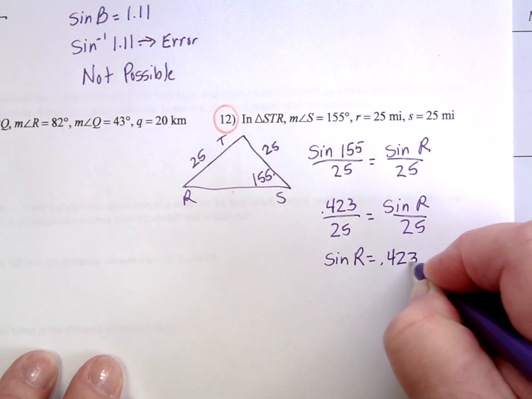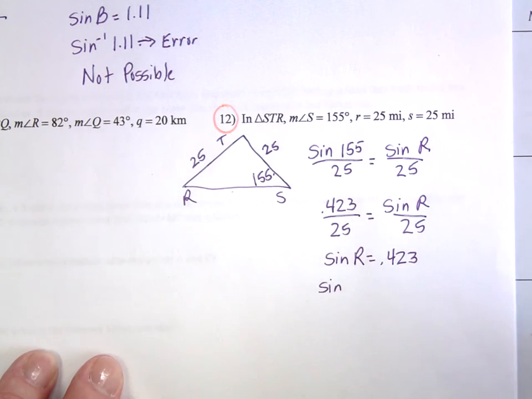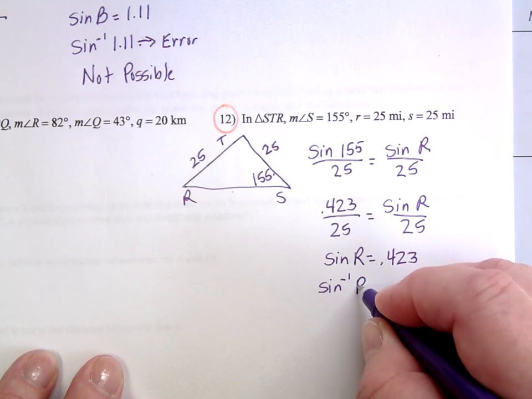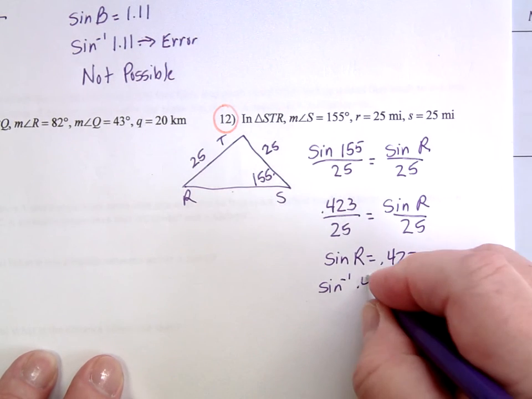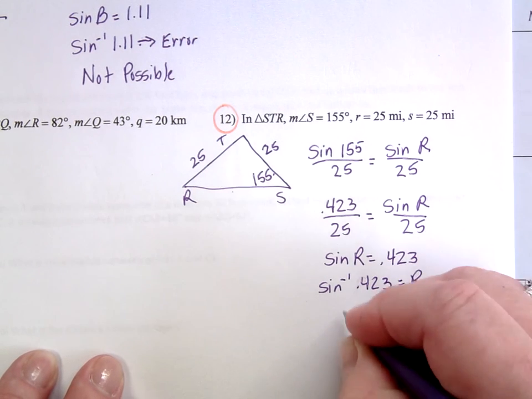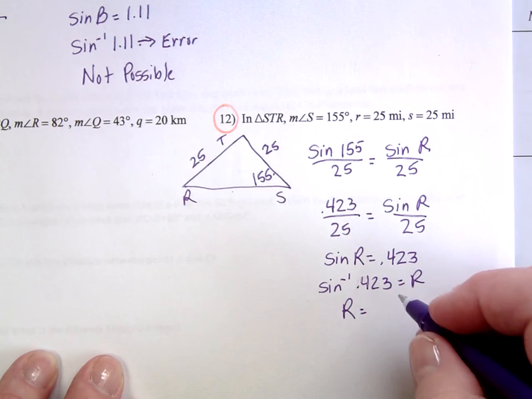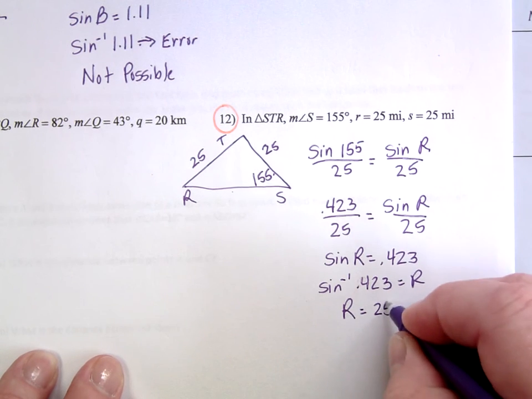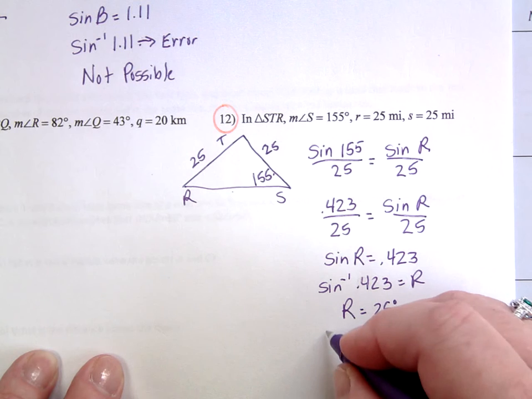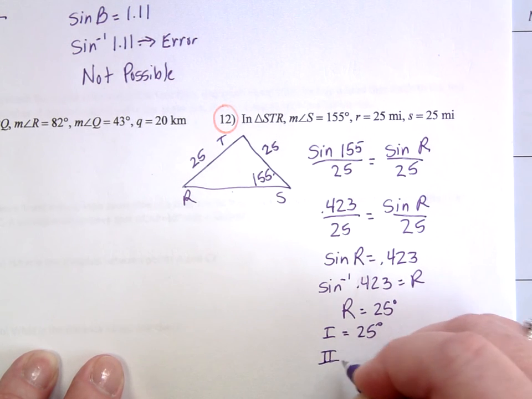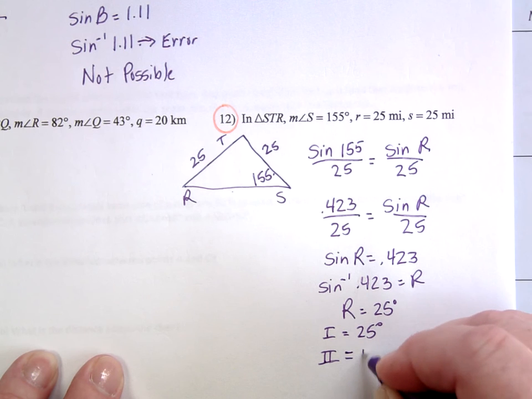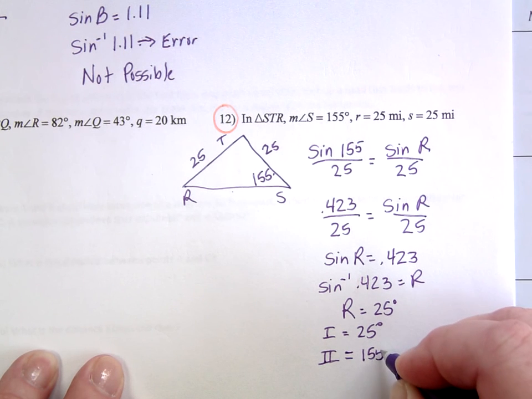So if you go to your calculator and figure out the reference angle for that, what's angle r going to be? Well, my reference angle actually comes out to be 25. Which means we put it in our quadrants. It's either 25 degrees or it is 155 degrees.